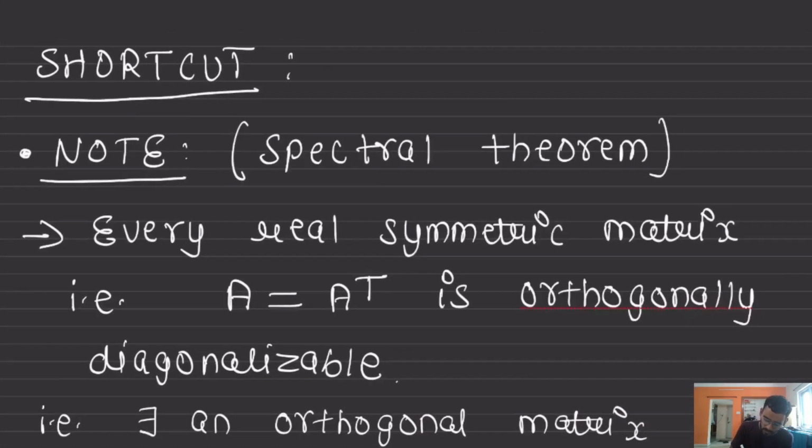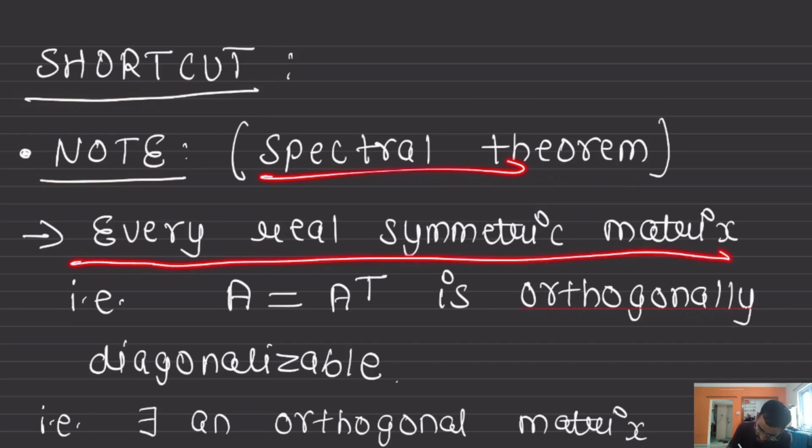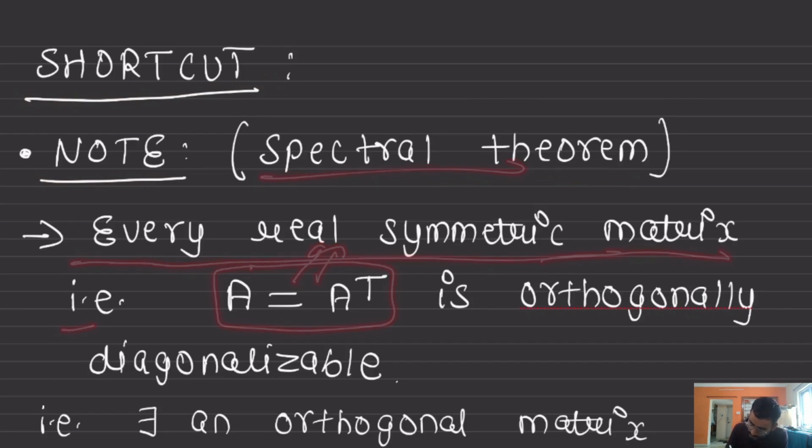Now we move on to the shortcut method, which uses the spectral theorem. The spectral theorem says that every real symmetric matrix, that is A equal to A transpose, which is the condition for a matrix to be real symmetric, is orthogonally diagonalizable.